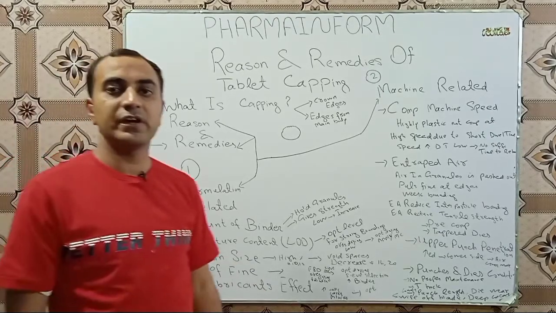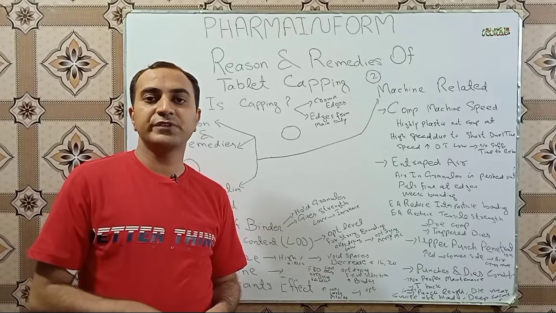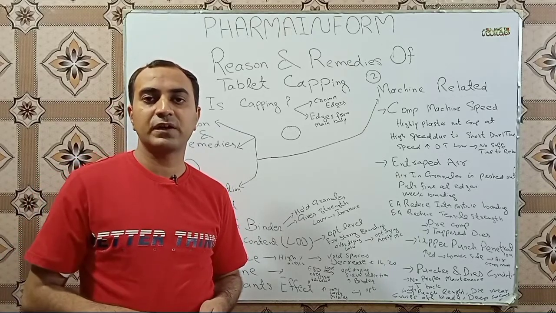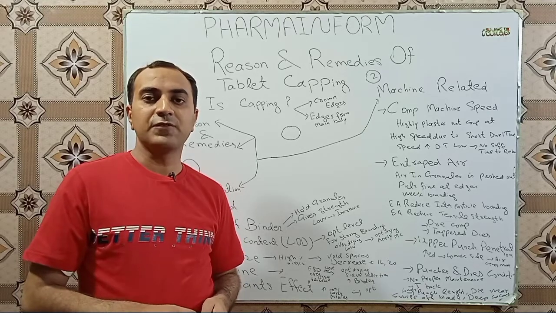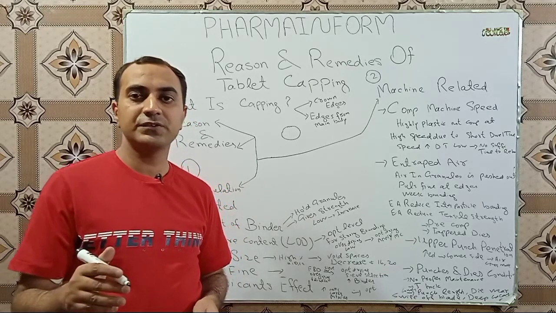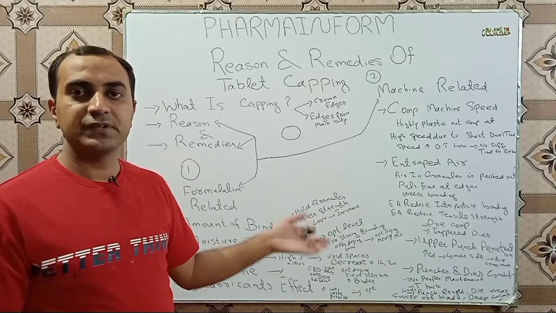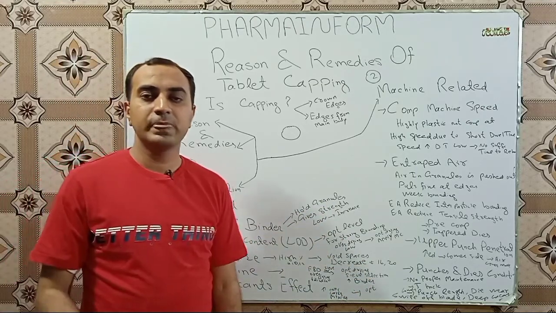grain size or granule size. Granule size is also a major contributing factor for tablet capping. If our granule size is very large, it will promote tablet capping. How do large size granules promote tablet capping?